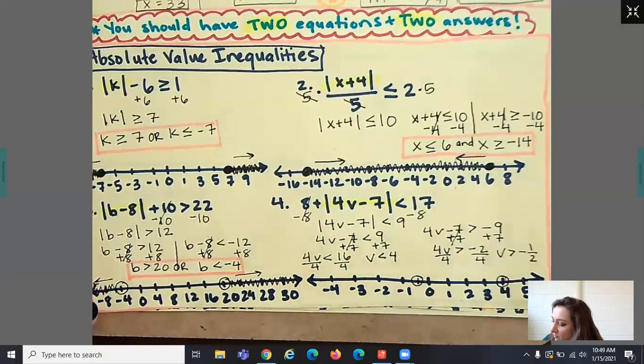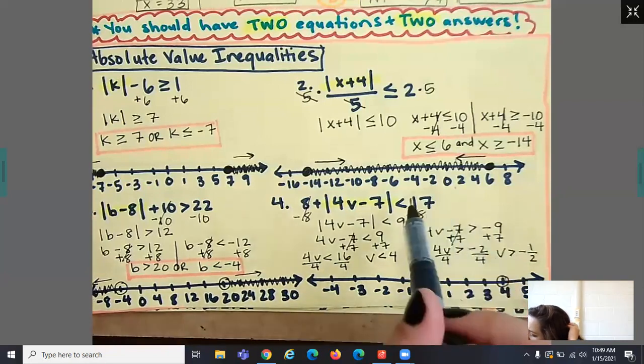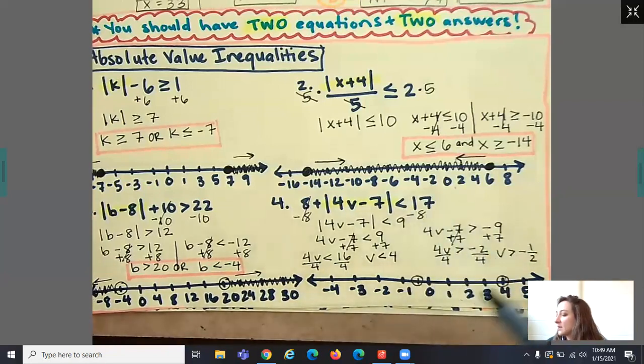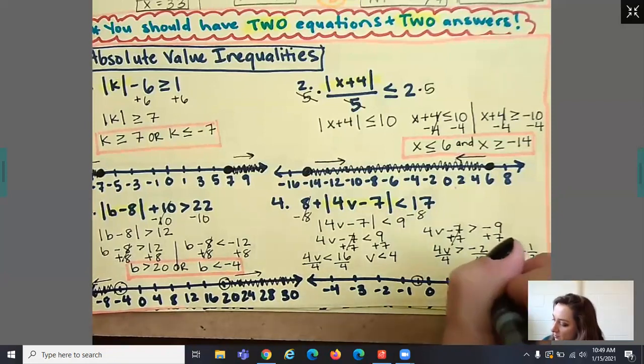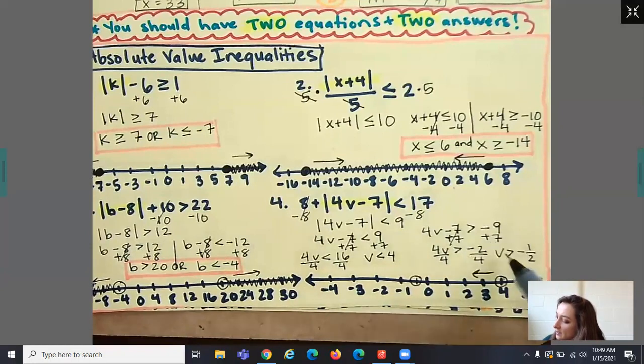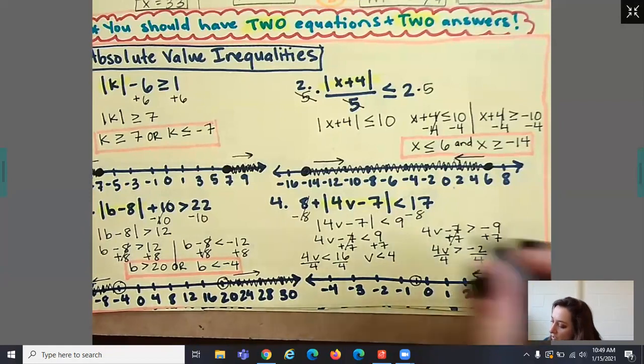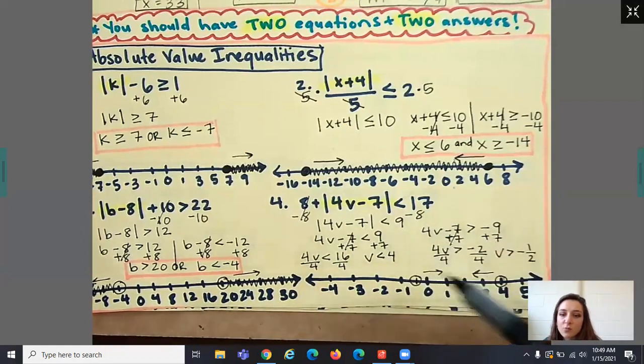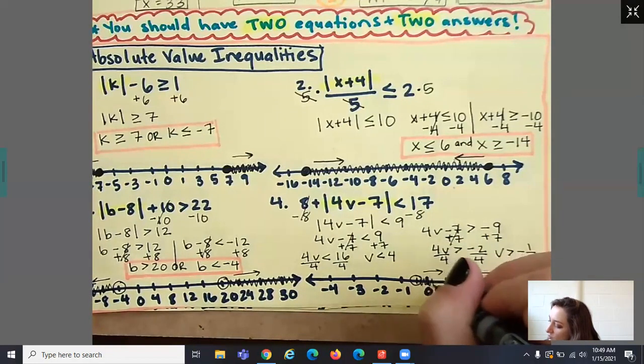Since b is less than 4, we're going to shade in this direction, and since b is greater than negative 1/2, we're going to be shading between these two points.